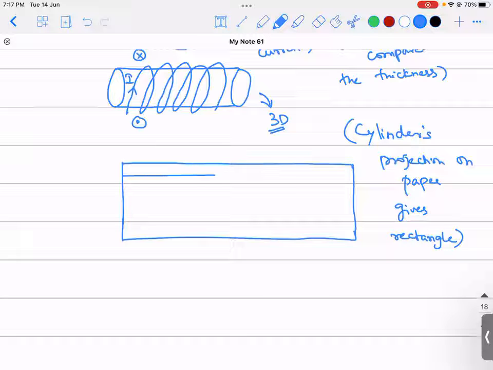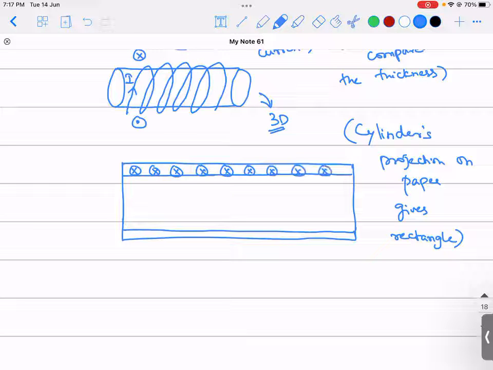Now, when you take a line like this in such a way that the current at the top is into the plane and the current at the bottom is out of the plane. Is it right? So current at the top is into the plane and the current at the bottom is out of the plane.